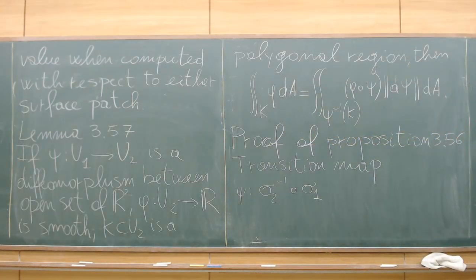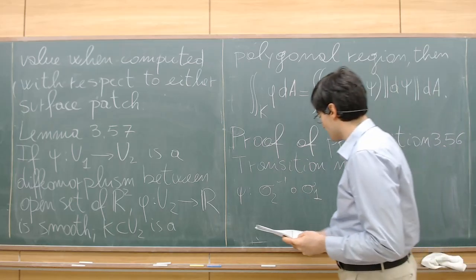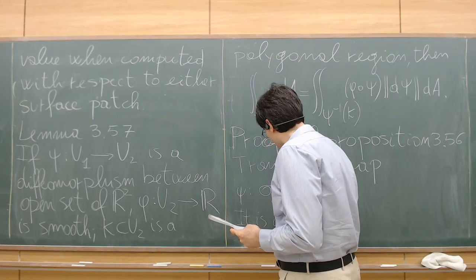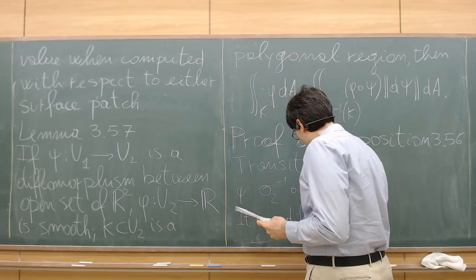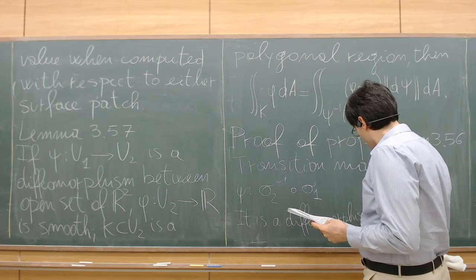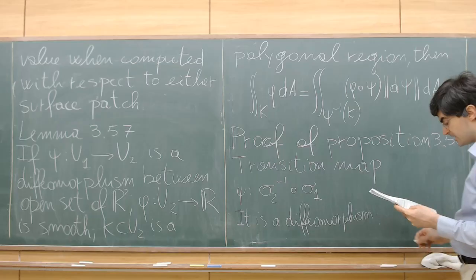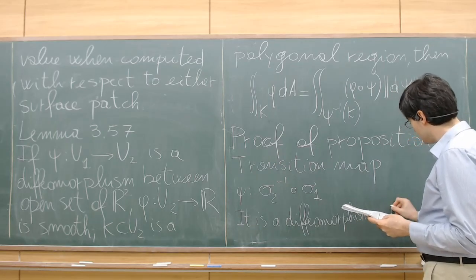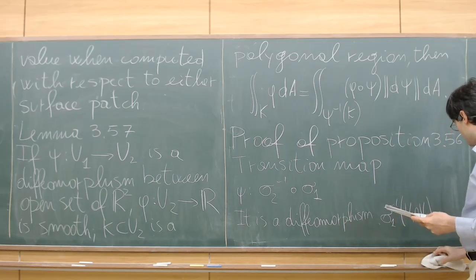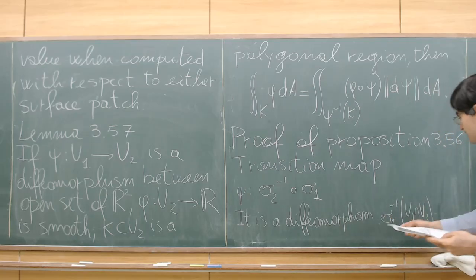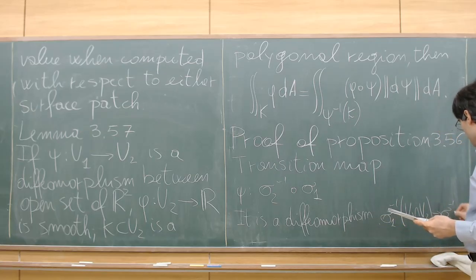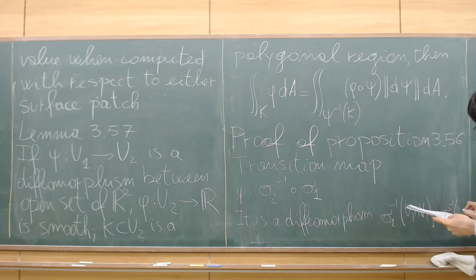This map is a diffeomorphism between sigma 1 inverse of V1 intersection V2, and, I don't have space, between sigma 2 inverse of V1 intersection V2.